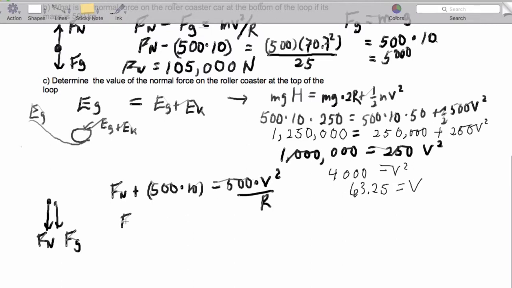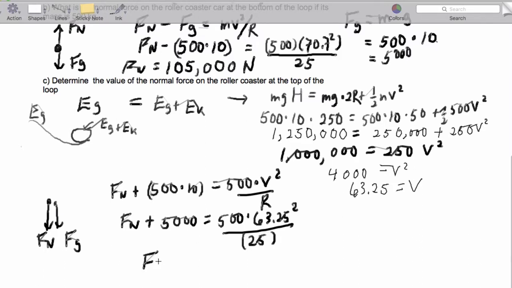That's going to end up being Fn plus 5,000 equals 500 times 63.25 squared divided by our radius, which is 25.